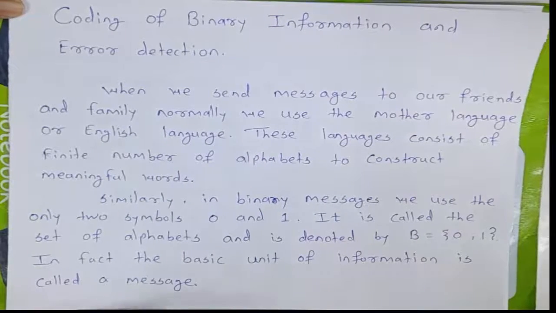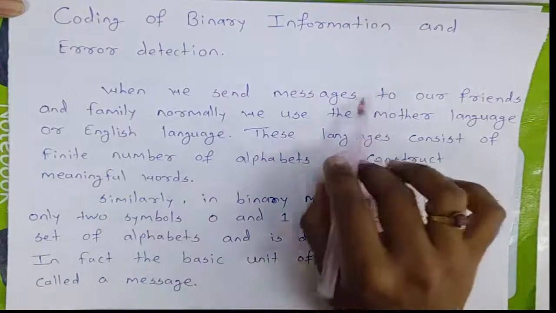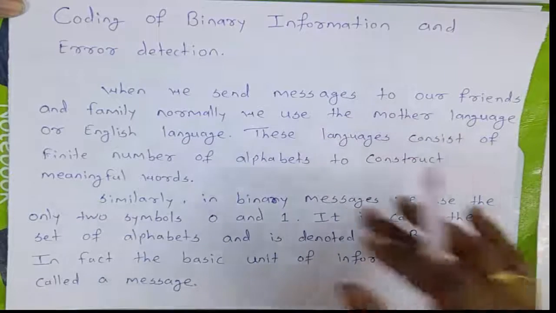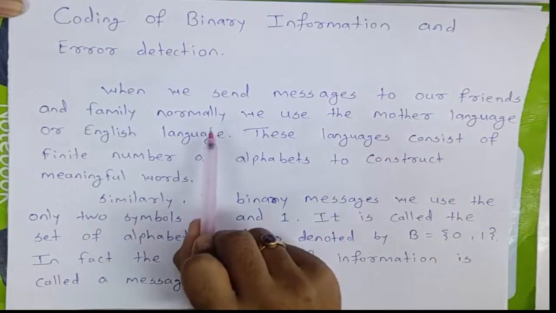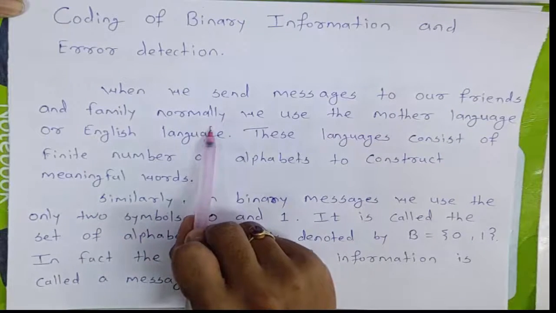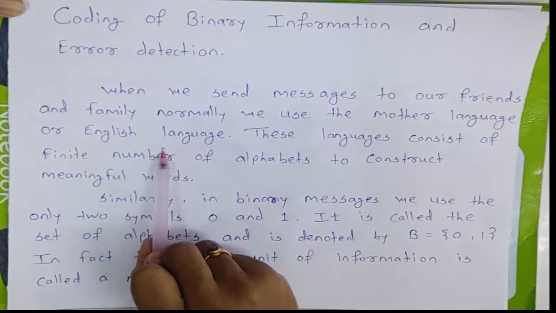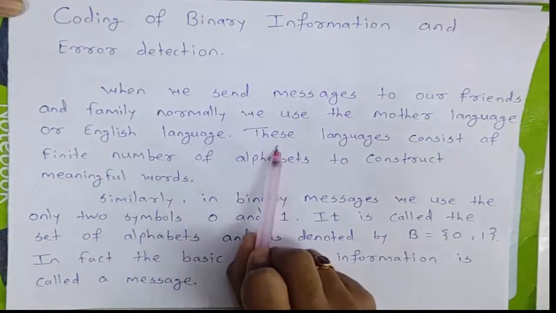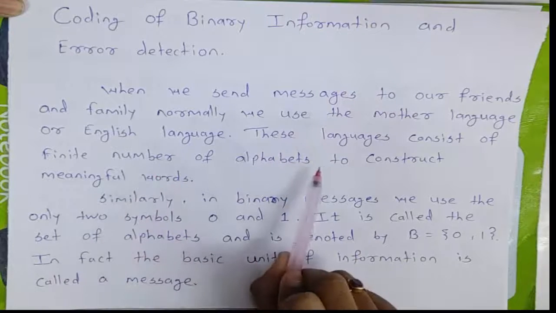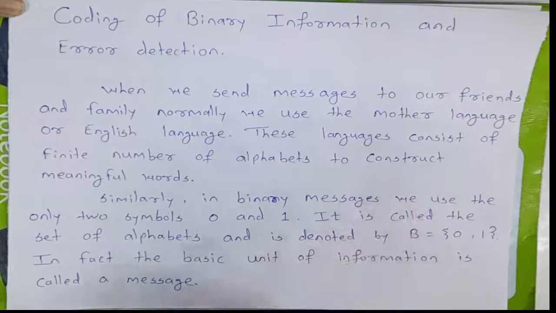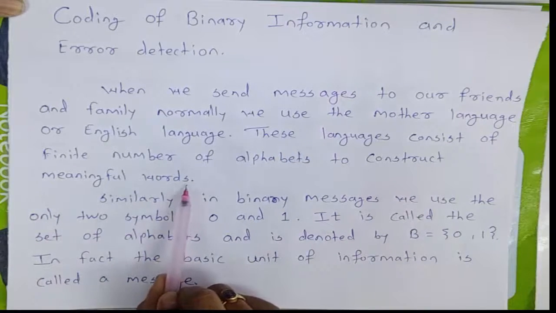When we send messages to our friends and family members, normally we use our mother language or English language. This language consists of a finite number of alphabets to construct meaningful words.